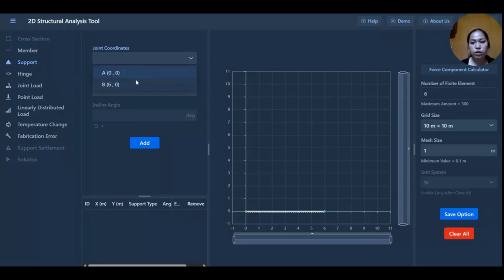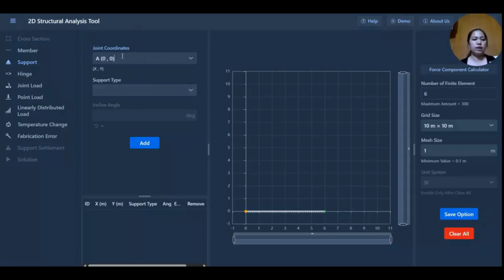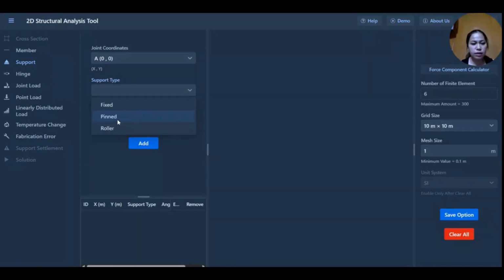We have two join coordinates. The first one, point A, is at 0, 0, which is here. As we saw at point A, there is a pin support. So we click point A, and then support. For support type, we click pin support, and then we click add.